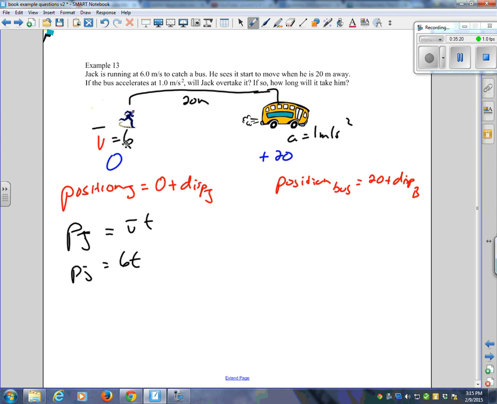So every second he travels 6 meters, right? So it's 6 times T. 2 seconds he's gone 12 meters. 3 seconds he's gone 18 meters. 4 seconds he's gone 24 meters. So the position of Jack is 6 times T.